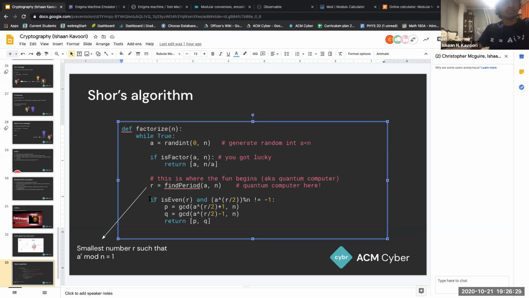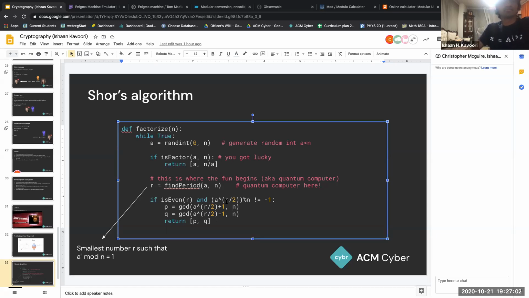And then you have this check. If r is even and a to the r over 2 mod n is not congruent to -1, then you found the answers. P is going to be the greatest common divisor of a to the r over 2 plus 1 and n, and Q is going to be the greatest common divisor of a to the r over 2 minus 1 and n.